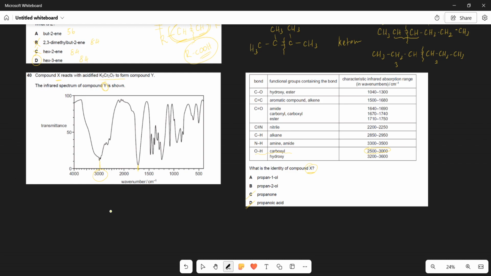Then I have another sharp peak here at 1700. In this area I have a carbon double bond O, and I have an OH group. So Y is the carboxylic acid. When Y is the carboxylic acid, X should be a primary alcohol. So between propan-1-ol and propan-2-ol, propan-1-ol is the primary alcohol, so that is the correct choice.